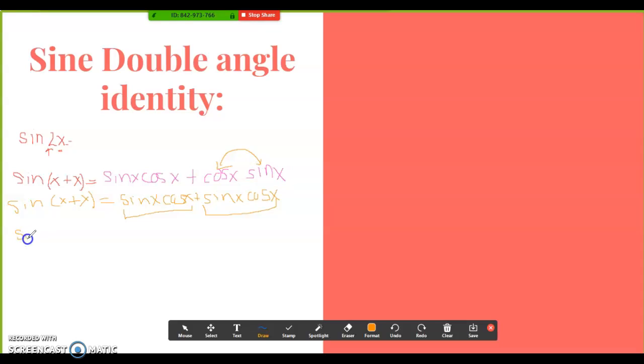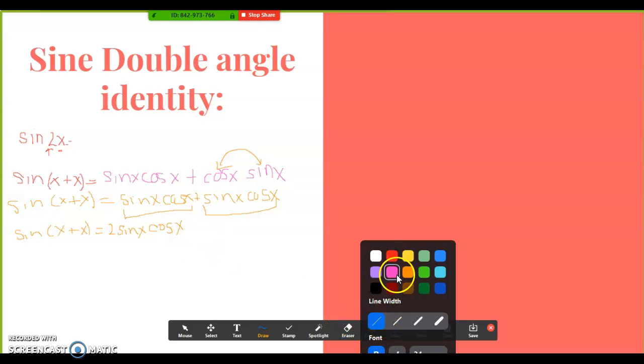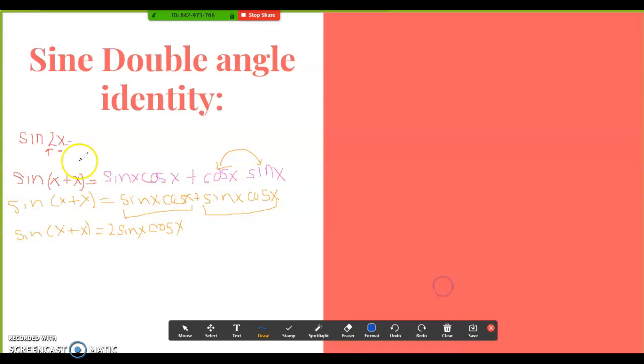So I know that if I take x plus x, or the same angle twice, it's just going to be 2 times sine of x cosine of x. And what I've just done is derive a formula for double angles.